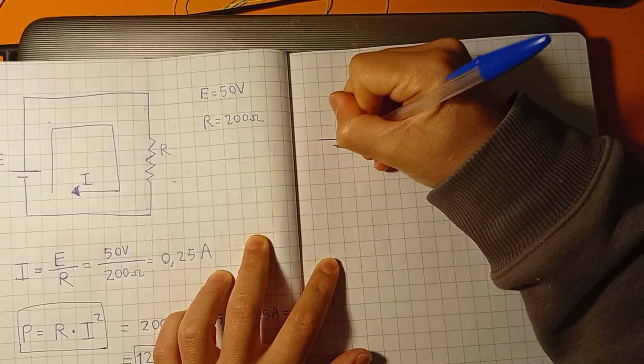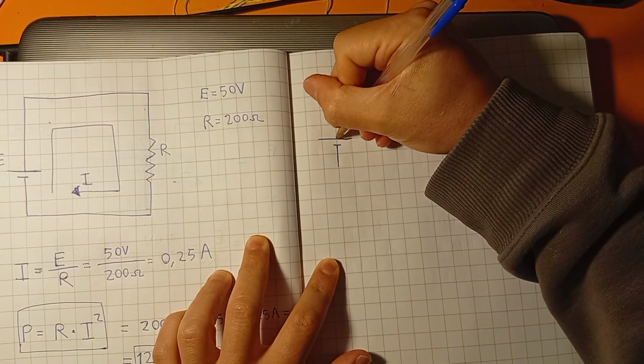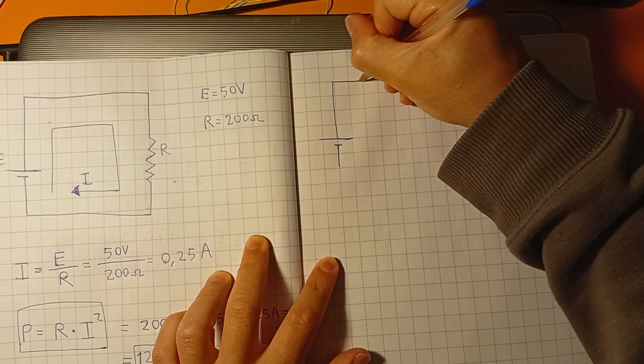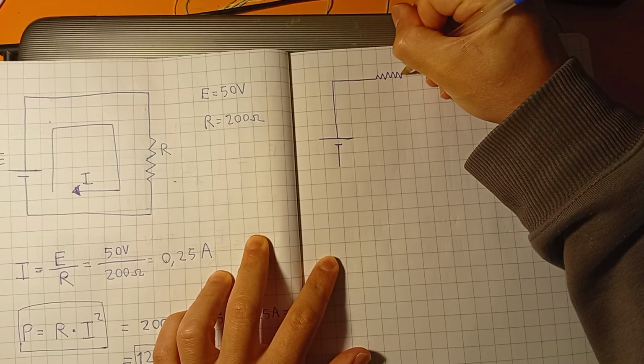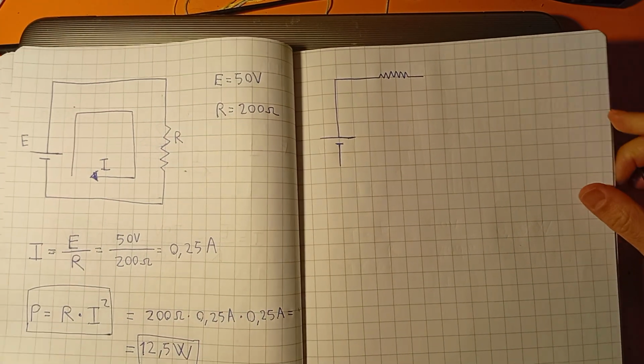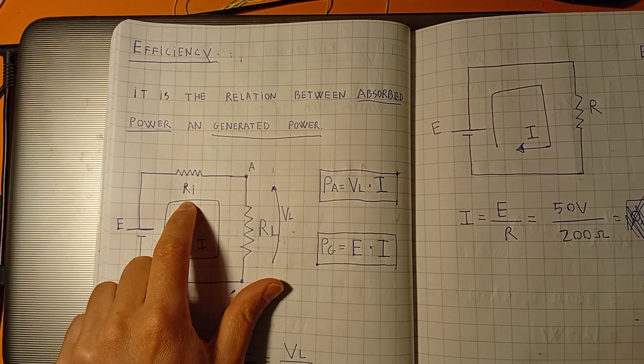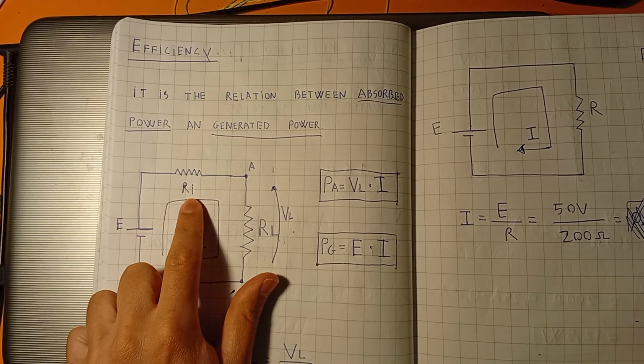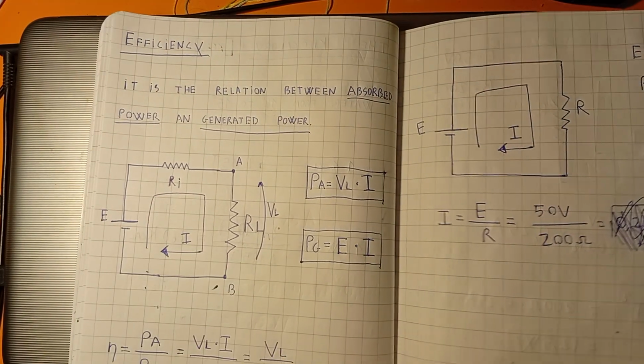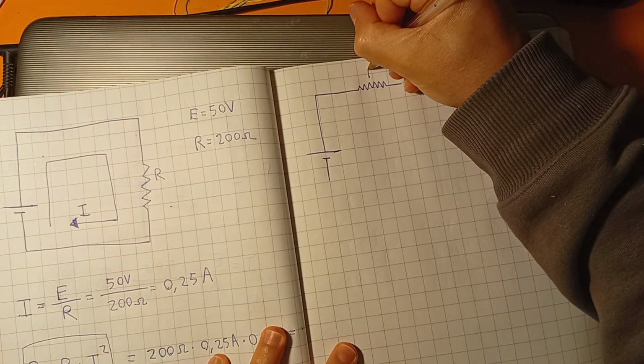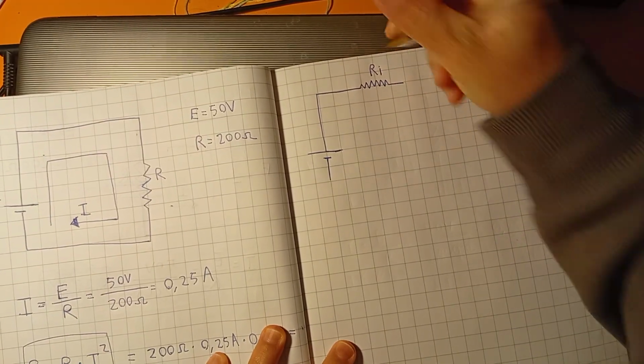Now we have here a voltage source. And then here we have the internal resistance, okay? I haven't told you this. We can call this internal resistance, which is why there is an I here. The internal resistance of the given circuit is this.